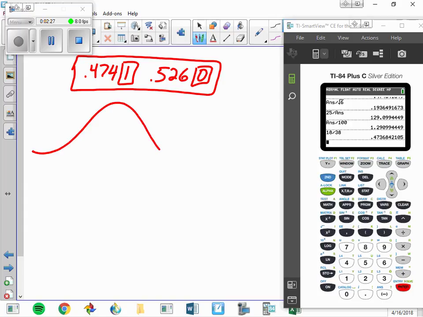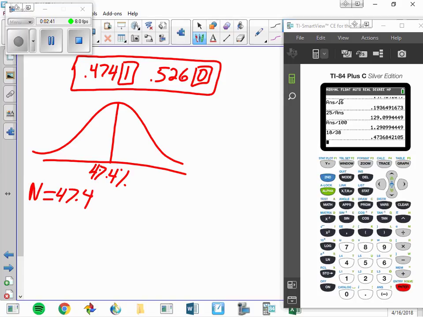Okay. So my null is going to be 47.4%. Now, how do I know if the alternative is greater or less? I need to look at my sample.